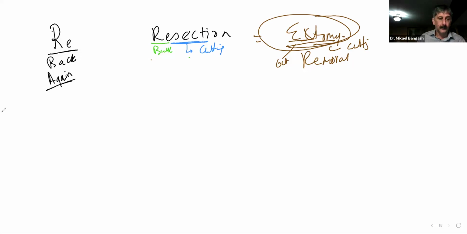The difference is that when you use ectomy, the structure that is going to be removed will be mentioned as a root word. Whereas if you use the word resection or removal, you will actually say removal or resection of, and then you go with the structure.